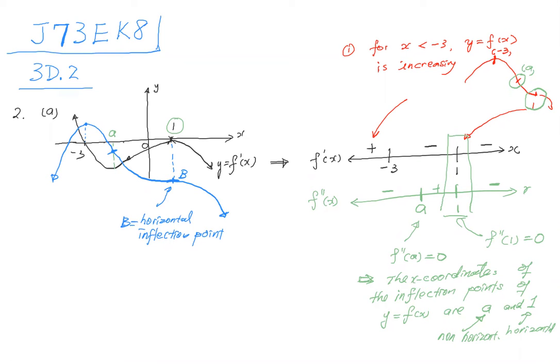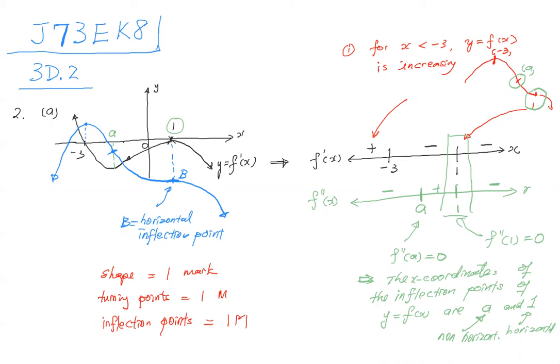Shape, 1 mark. Turning point, 1 mark. Inflection point, location must be correct. The way you draw your inflection point must be correct so that you can get the 1 mark.